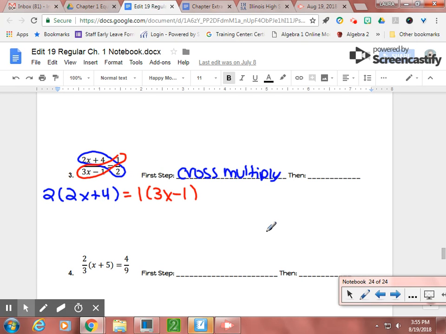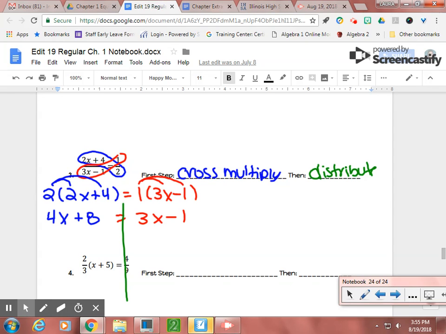So now what you have is stuff outside of parentheses. So your second step then should be to distribute. I need to distribute on both sides. In the blue, when I distribute, I'm going to get 4x plus 8. And in the red, when I distribute, 3x minus 1.